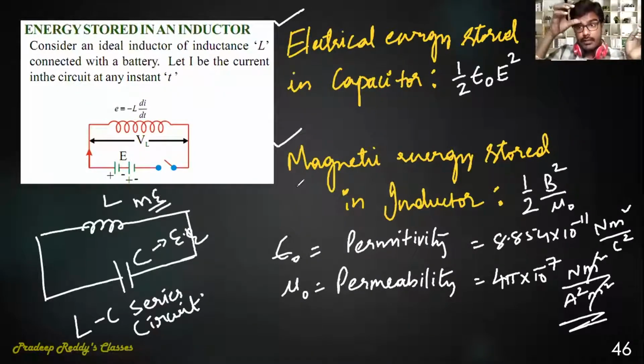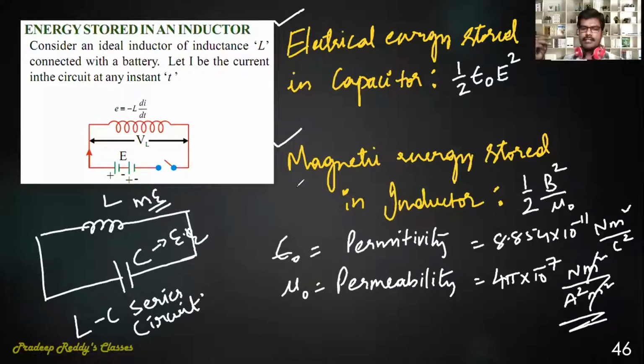Once you take a capacitor, connect it to a battery, it stores electrical energy, and after that you can just disconnect the battery and connect the same capacitor to an inductor. When you connect it to inductor, the total electrical energy stored in the capacitor will be discharged and converted into magnetic energy in the inductor.